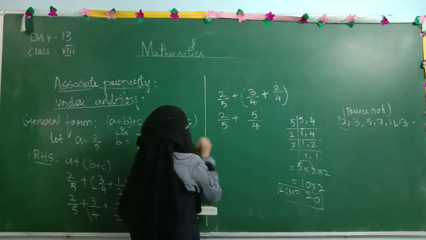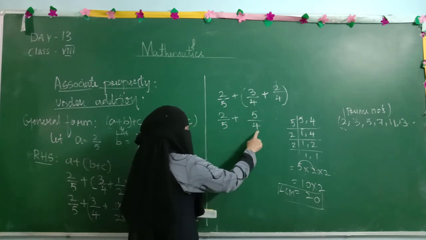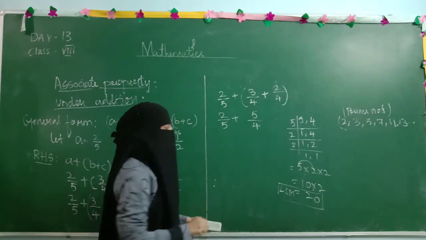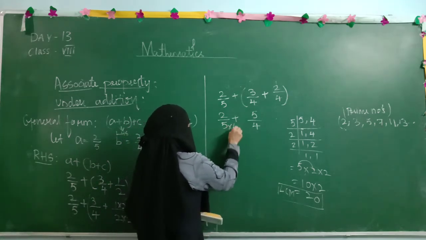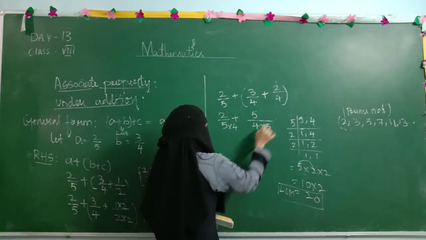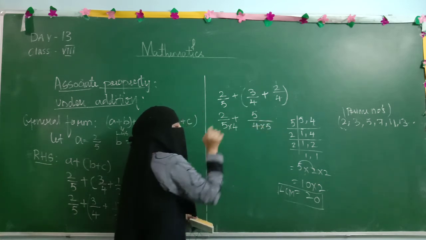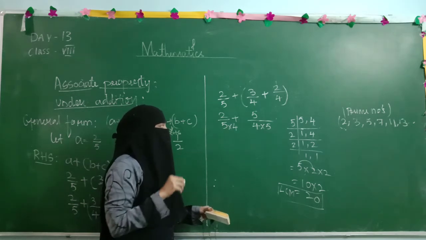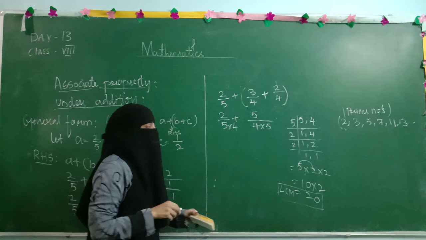Fine. So what we have to do now, we need to make the denominators 20 because we got the LCM as 20 here. So 5 into 4 and here 4 into 5. 4 times 5 is 20, 5 times 4 is also 20. Whatever number we multiply in the denominator, the same we have to multiply in the numerator as well.